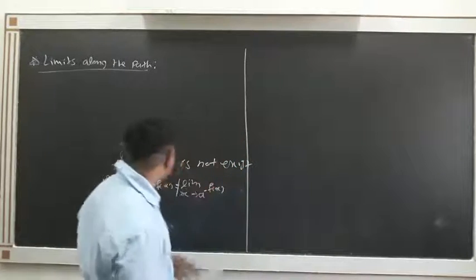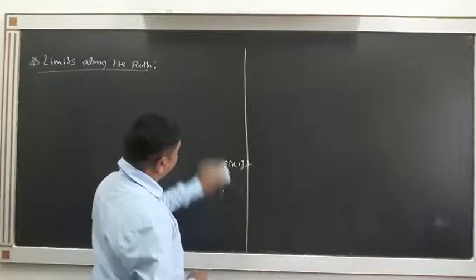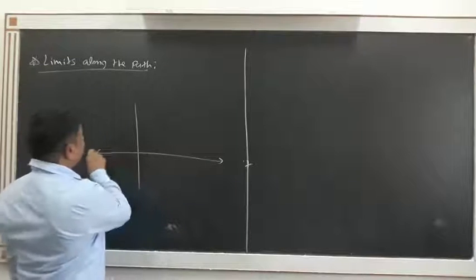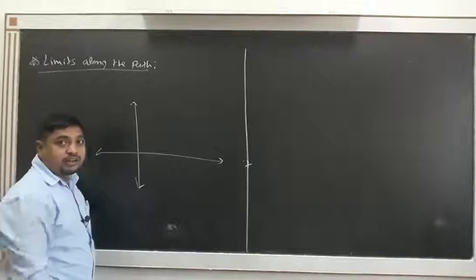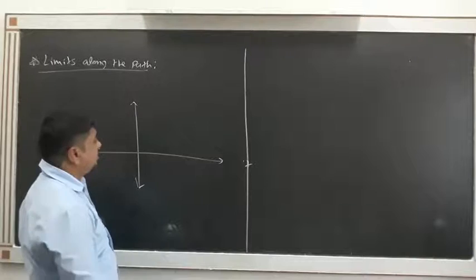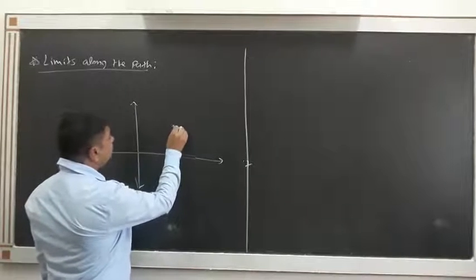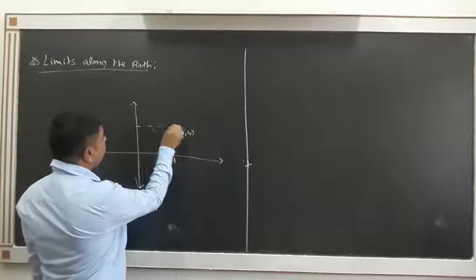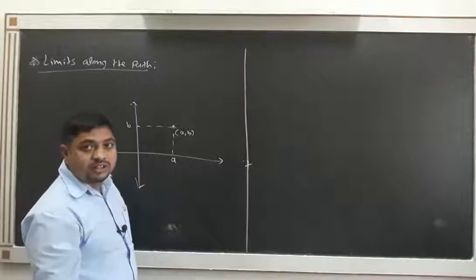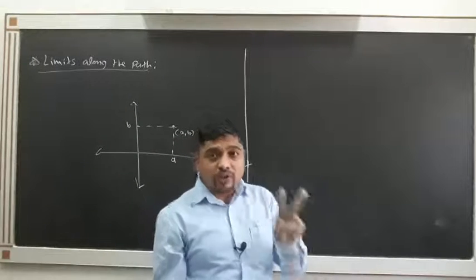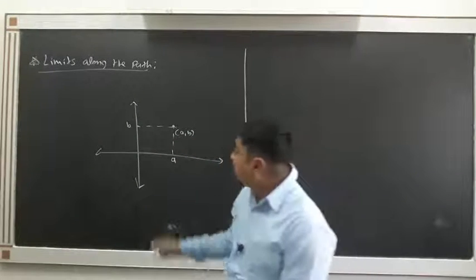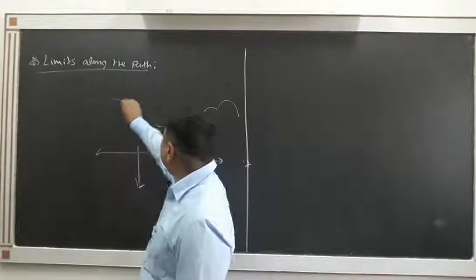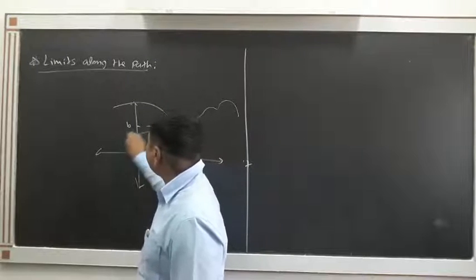But if you take any point in the xy plane, in a two variable function, here is our point (a, b), suppose. In the one variable case there are only two approaches, but here the limit can approach from this side, from this side, from this side also.